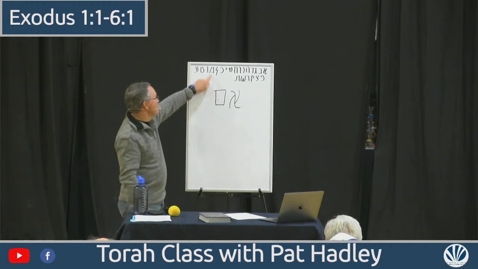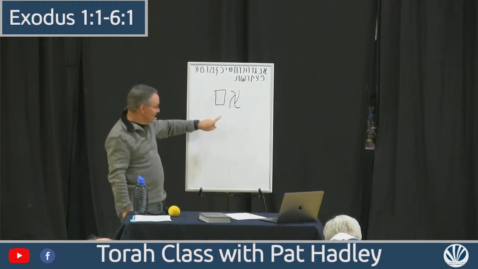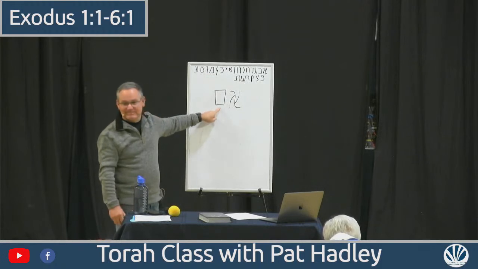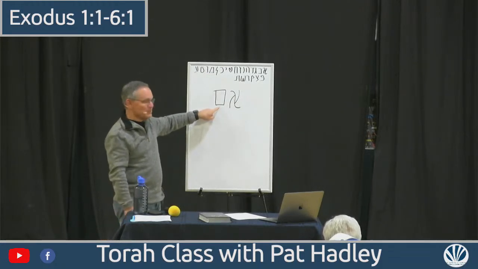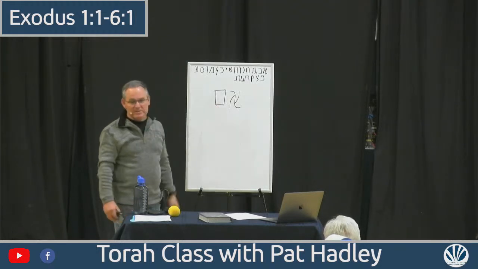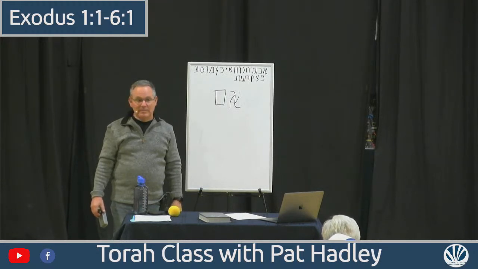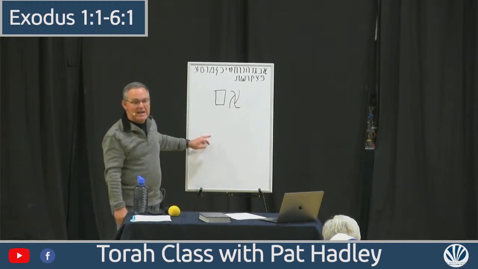When the letter mem is at the end of a word, it looks like that. It changes when it's at the end of a word. So that's a mem. So what is that word? No, it's a mem.